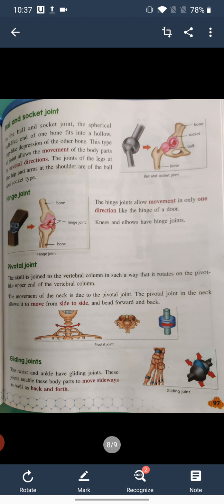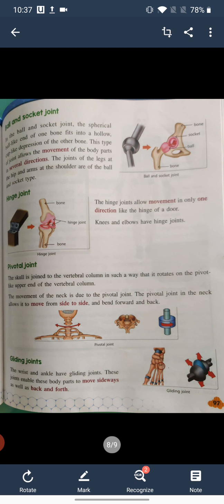This type of joint allows the movement of the body part in several directions. The ball and socket joint permits movement of bone in all directions. It is present between the shoulder and the upper arm, and between the thigh and hip.